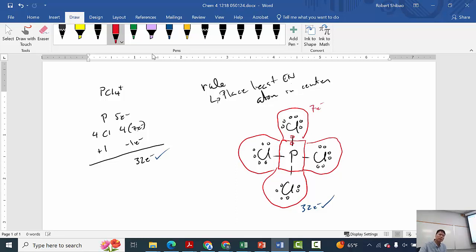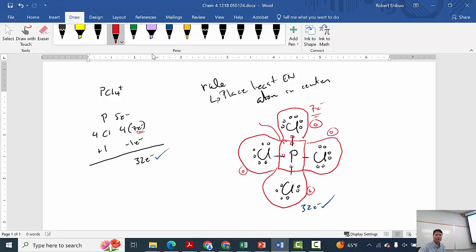How many electrons did chlorine contribute? 7. So it broke even. So no complaints there. It's 0 formal charge on each of the chlorines. They're all the same. How about phosphorus? How many electrons does phosphorus end up with?